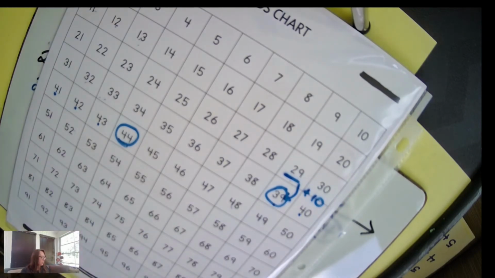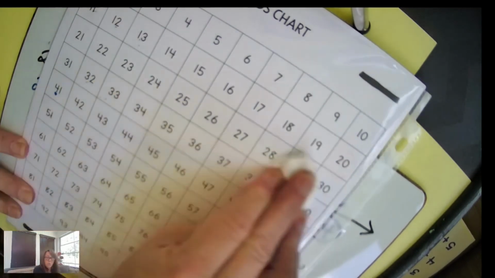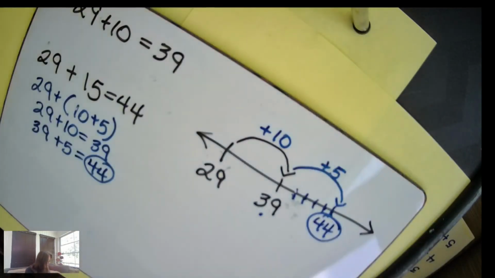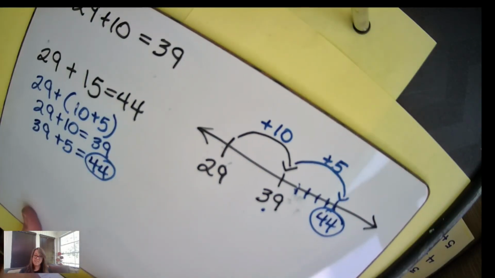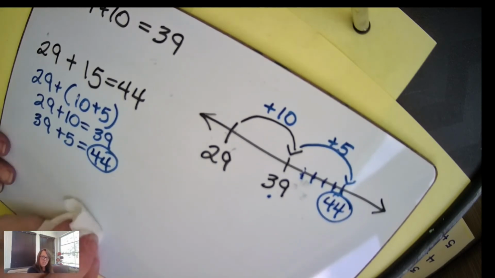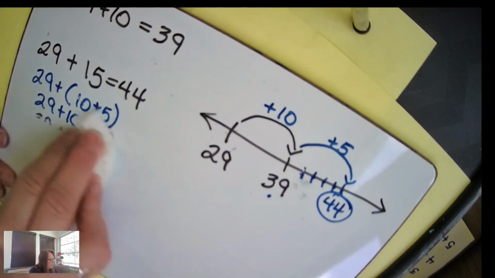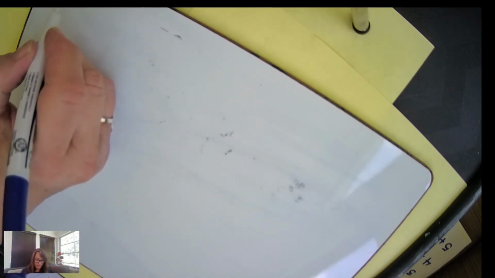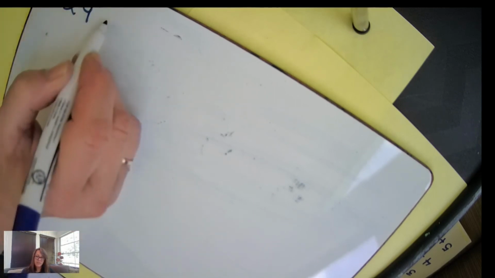That's really great. So you guys have been breaking apart one of the add-ins and then adding up in chunks. Let's try that again with another problem. Ready? Let's try this one. 29. Oops, can you see that? Let me move that down. There you go. 29 plus 24.